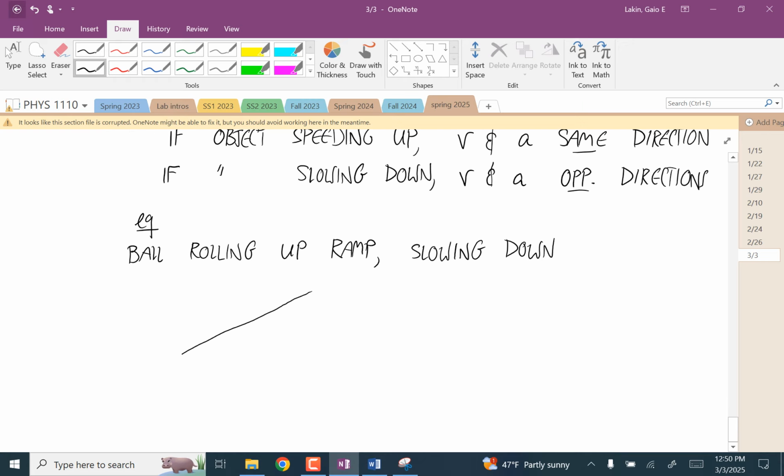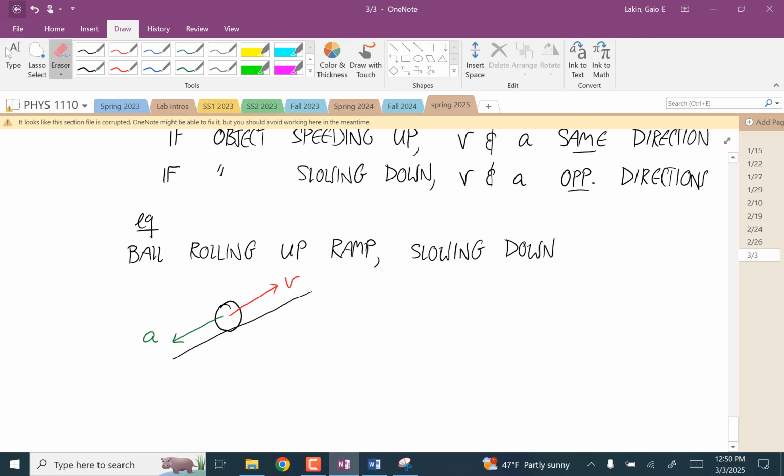And so the velocity of the ball is going to be this way, up the ramp. Since it's slowing down, the acceleration has to be opposite, so the acceleration is this way.